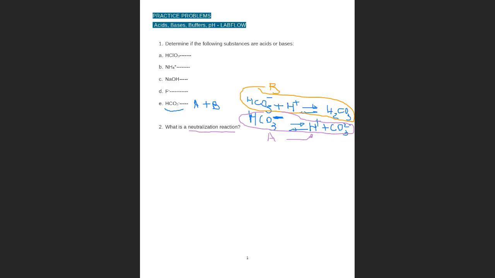So a neutralization reaction basically is a reaction between, here we have a strong acid. We have an acid that reacts with a base to form the salt plus water.